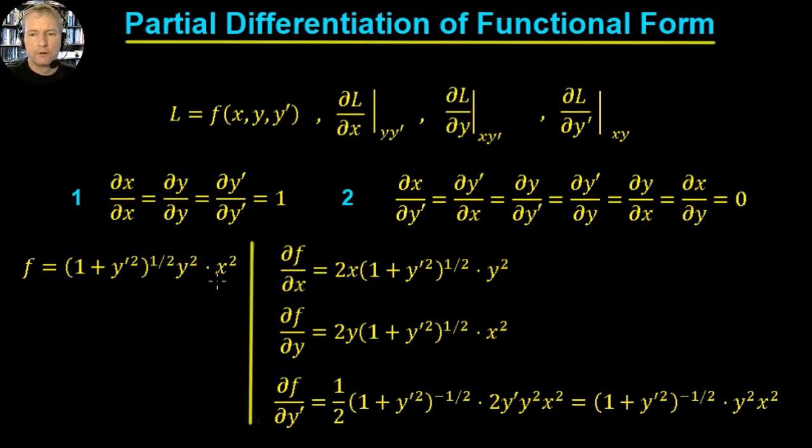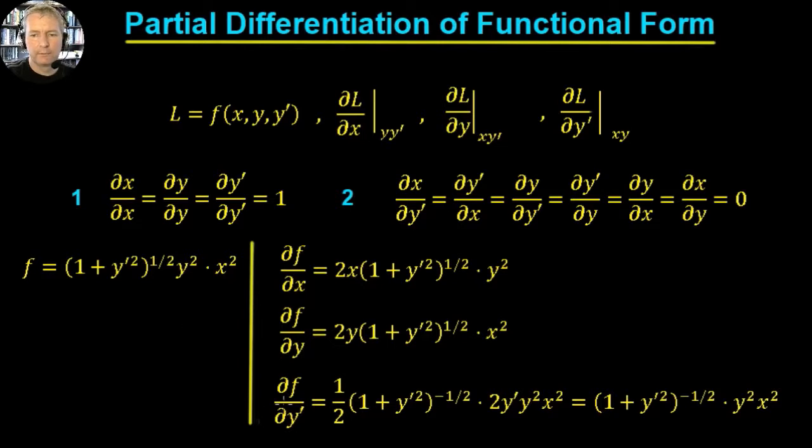So all we're going to have is differentiating x squared with respect to x. This is going to give a value of 2x, and the rest of it remains fixed as a constant. If we look at the partial f by partial y, we're differentiating y squared with respect to y. That just gives us a value of 2y, and then the rest of it just remains as a constant.